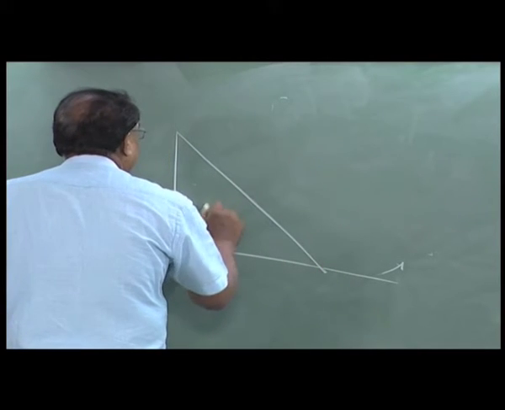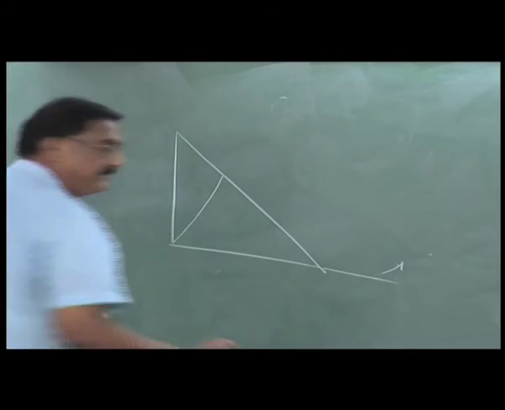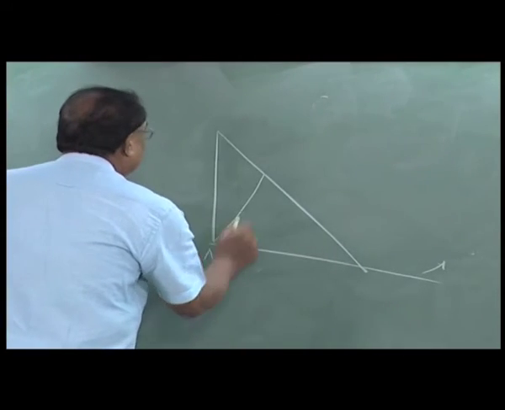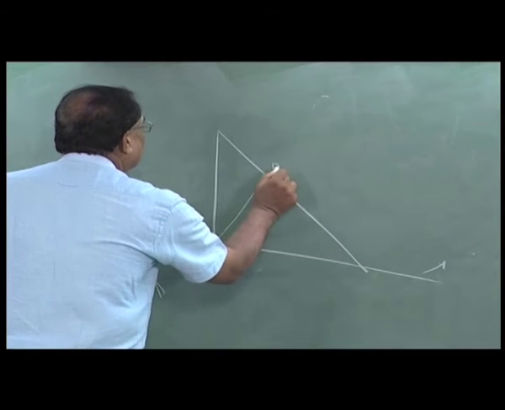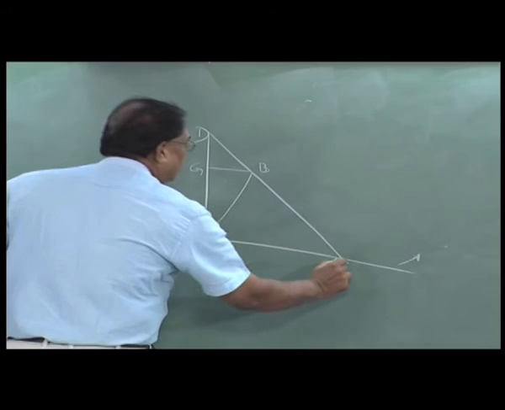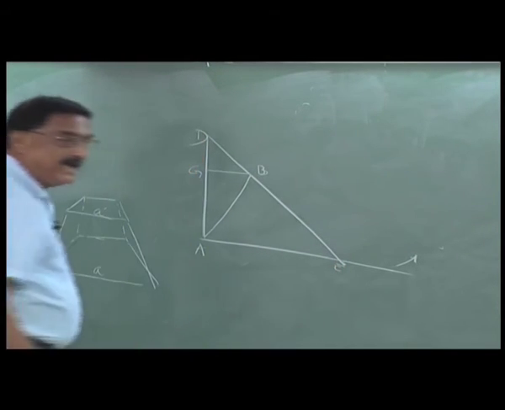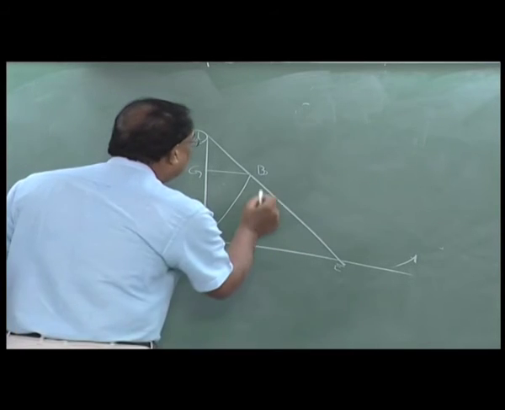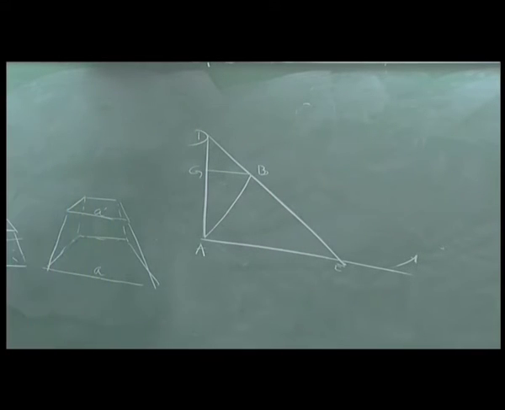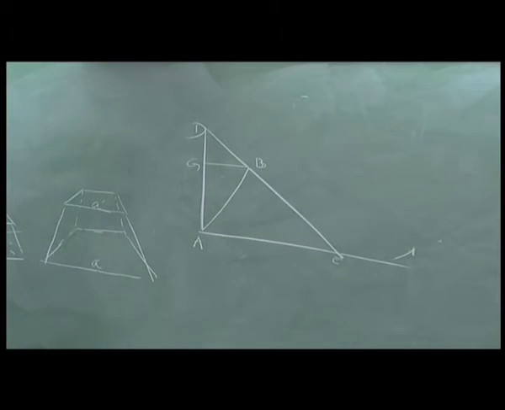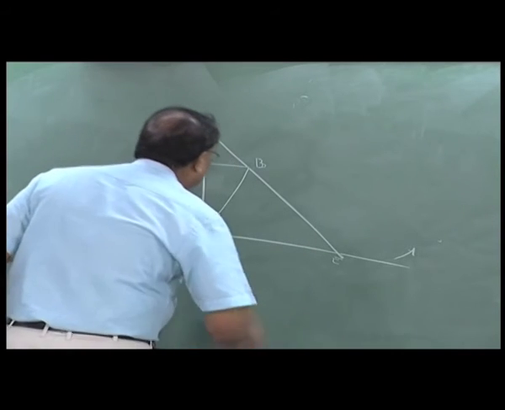Suppose it is slanting, so then in that case, this is A, this is your B, this is your G, this is your D, this is your E, and AC. The hypotenuse, right?